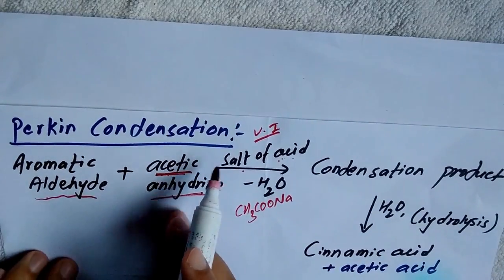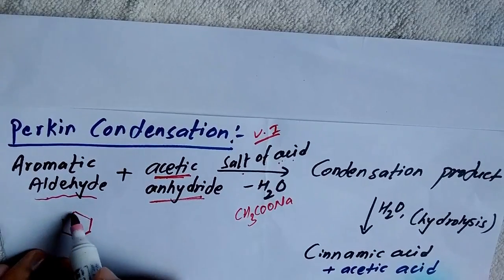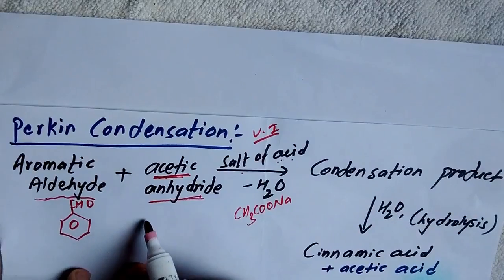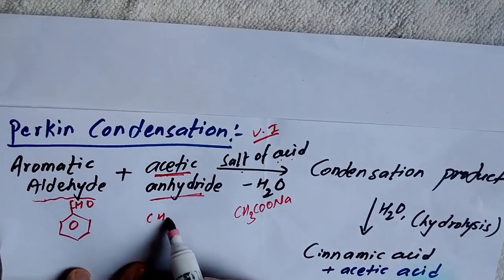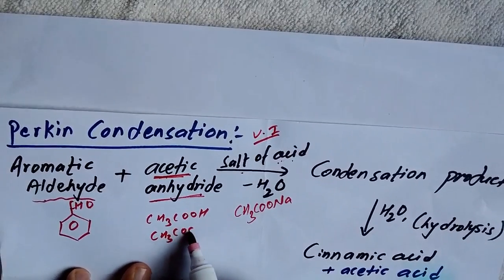Aromatic aldehyde, for example benzaldehyde, CHO. Acetic anhydride means acetic acid, CH3COOH.